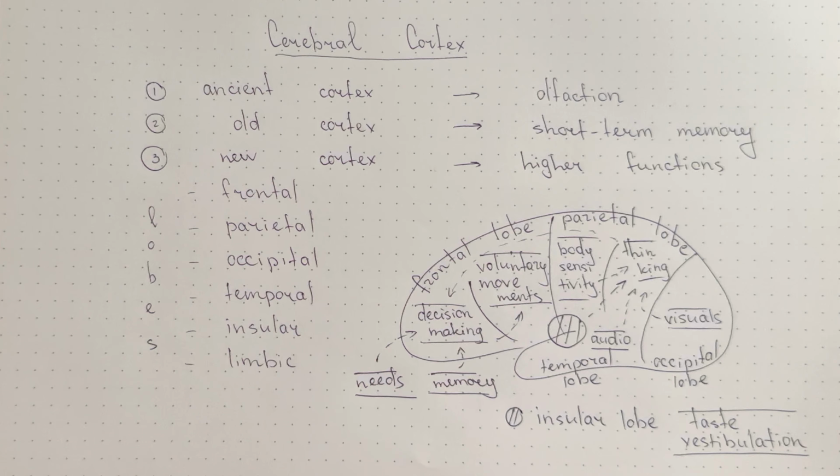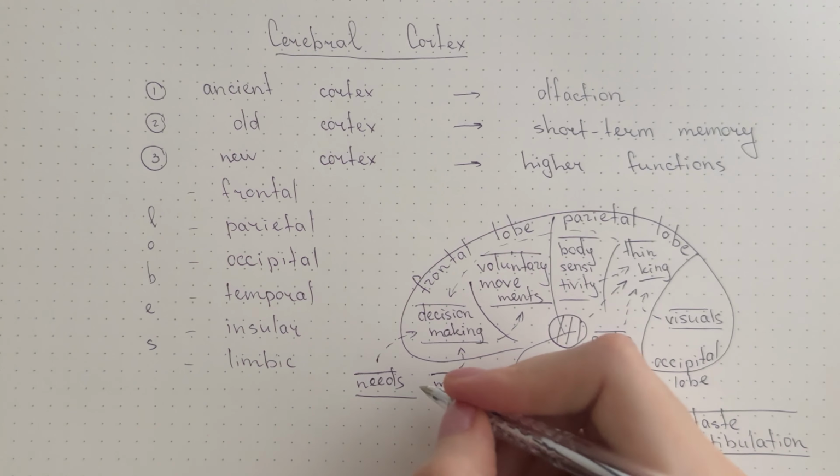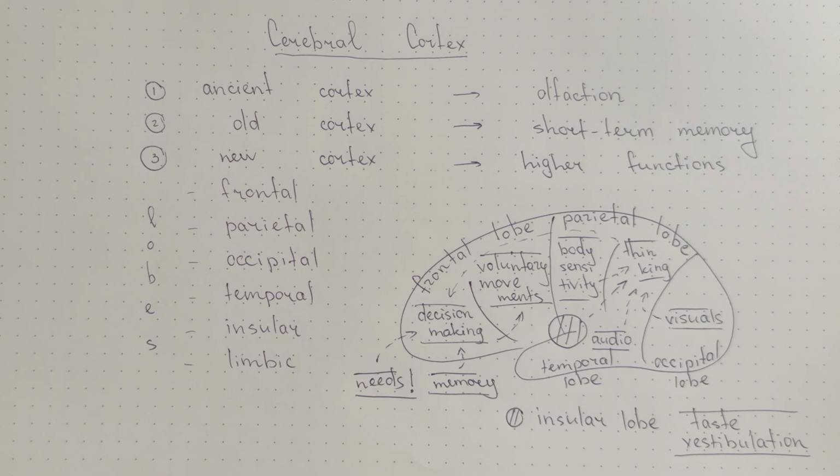Roughly speaking, this is what the main information flows look like as they spread across our cerebral cortex when we do something. And we perform one action or another almost all the time. Within this system, needs play a very important initiating role.